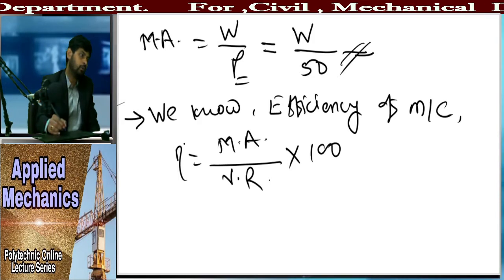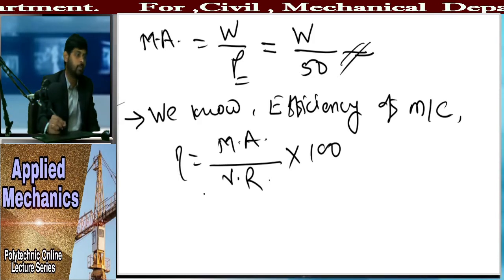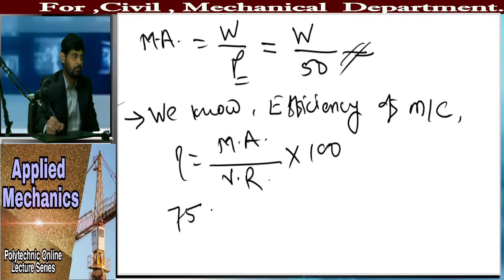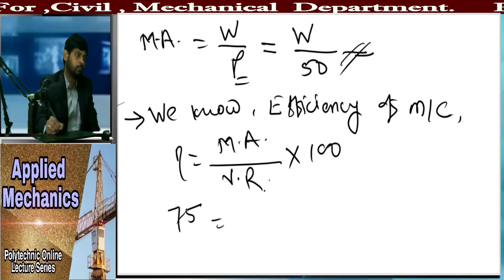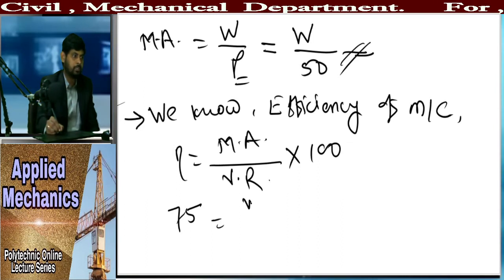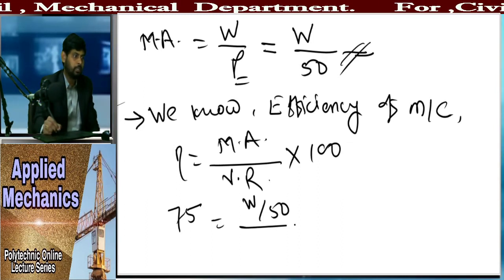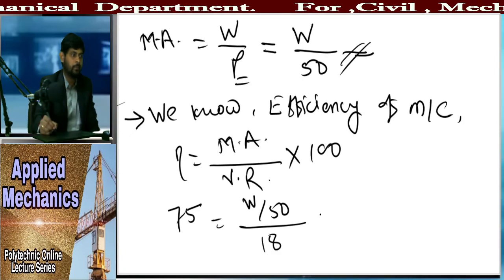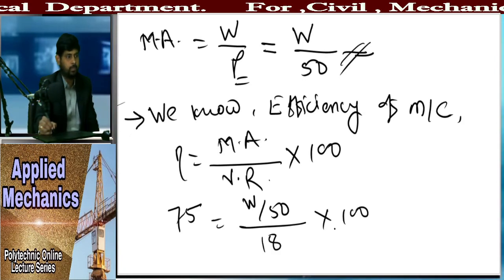Now we know the value of efficiency, that is 75%. So here 75% is equal to mechanical advantage, that is W upon 50, divided by velocity ratio. The value of velocity ratio is 18, into 100.